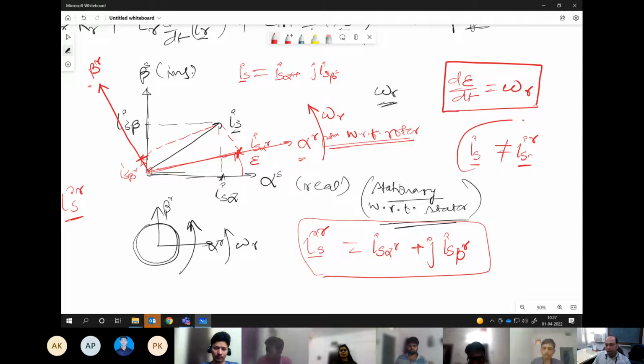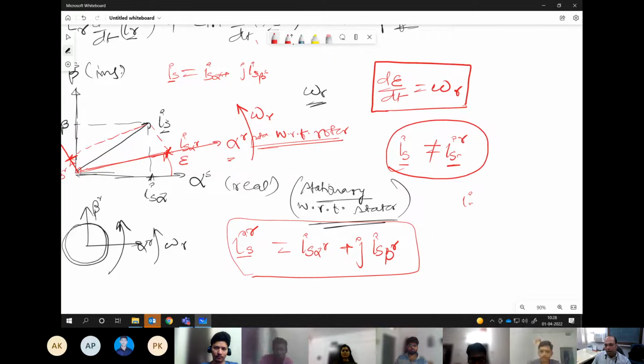This is not equal, although it is the same vector. What does it mean? If you say that this is equal, we would be saying that the real components are equal, which means Is alpha s is equal to Is alpha r, and the imaginary components are equal, Is beta s is equal to Is beta r.